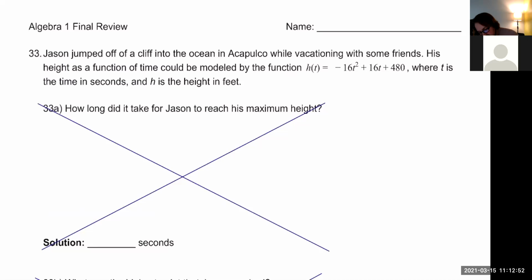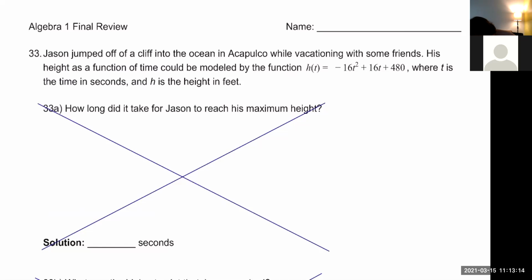It says that Jason jumped off of a cliff into the ocean in Acapulco while vacationing with some friends. His height as a function of time could be modeled by the function h of t, so that's the height, which is equal to negative 16t squared plus 16t plus 480, where t is the time in seconds and h is the height in feet.